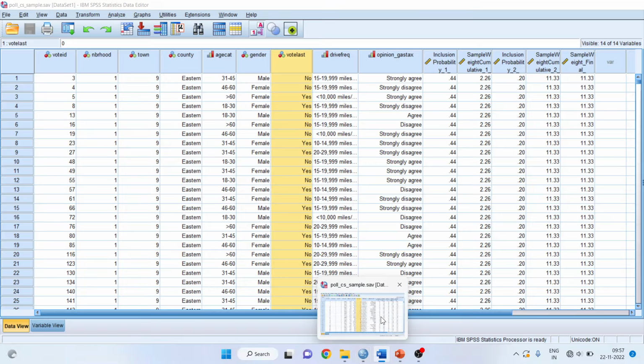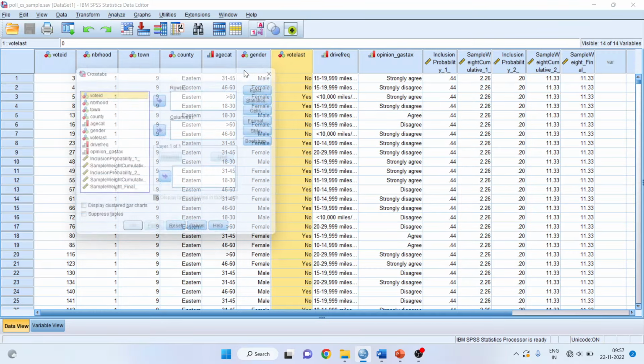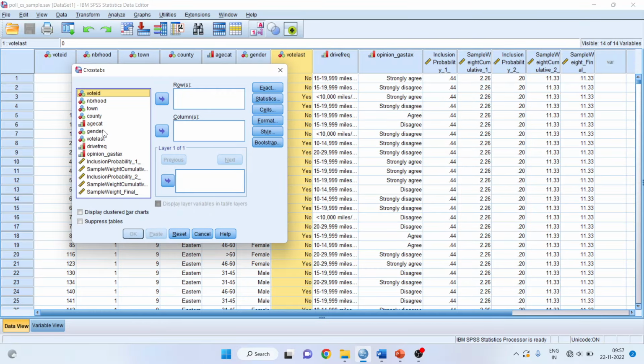Now how to run chi-square? We'll go in analyze. In descriptive statistics, we will go in crosstabs. Now I will transfer age category in rows, last voting done in columns.